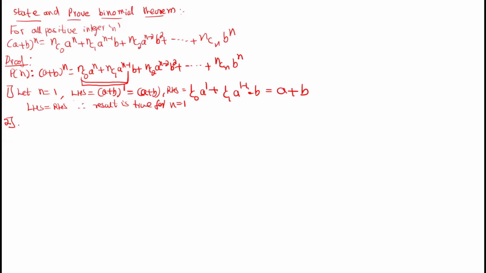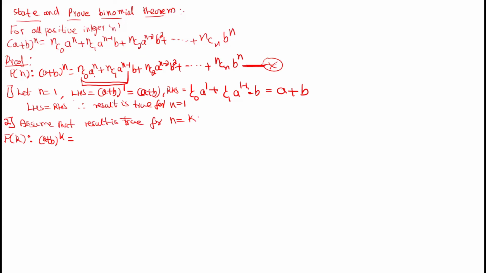Then second step is assumption that we saw in mathematical induction. Assume that result is true for n is equal to k. Okay, so that the statement will become P of k is such that (a plus b) power k is equal to, wherever n is there in the given statement, see, P of n is there right here in this equation.